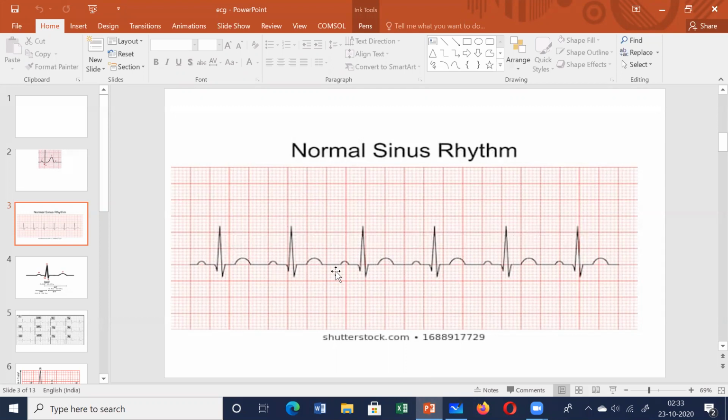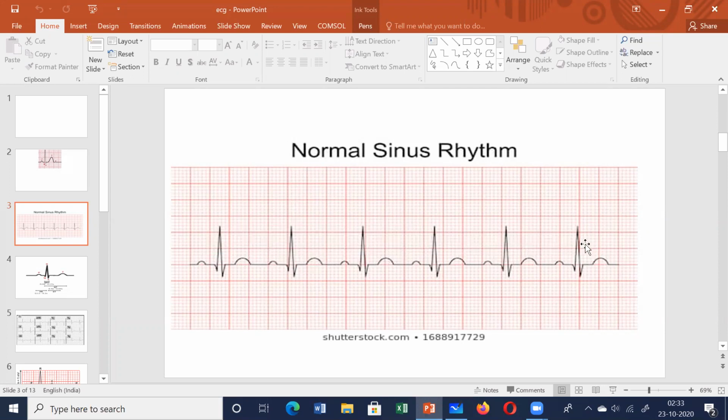See, these are 2 successive complexes, and you measure this interval. If the distance between these R waves is consistent, within plus or minus 10%, then the rhythm is considered to be regular.